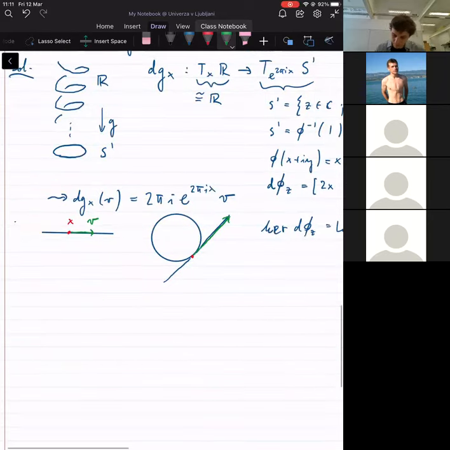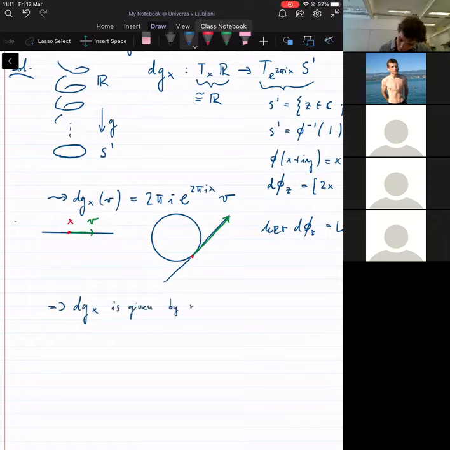So what we see is that dg_x is given by multiplication by 2 pi i e to the power of 2 pi i x.